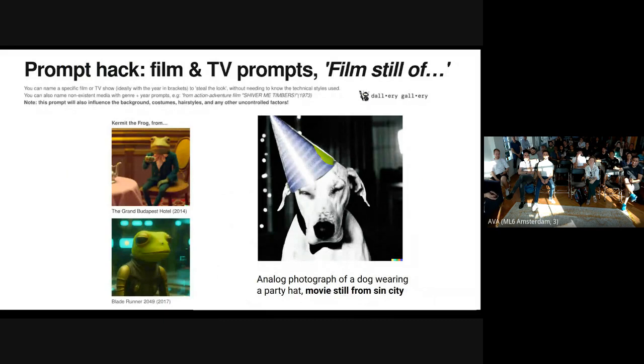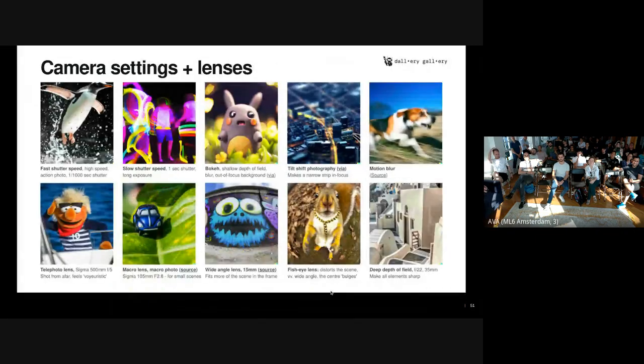Then some other hacks are actually to include the film, the movie of which you want to mimic the style. So, for example, Sin City, analog photograph of a dog wearing a party hat, movie still from Sin City. It looks very much like the movie. Some other tips are like the camera settings and the lenses.